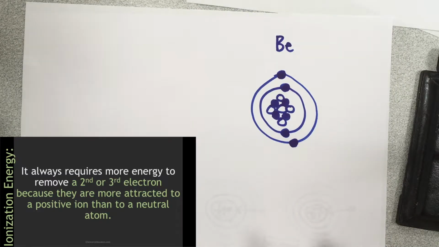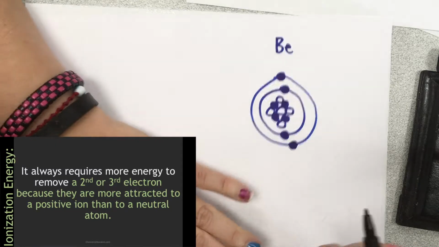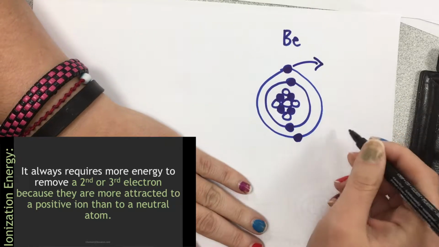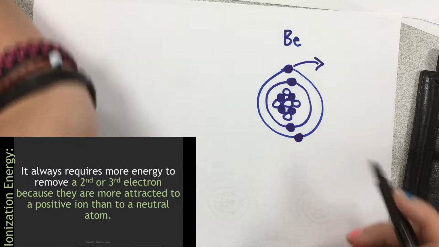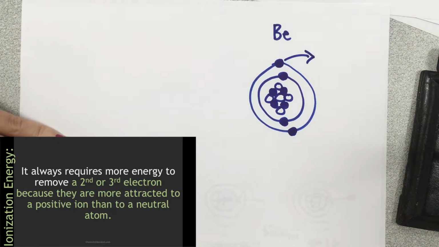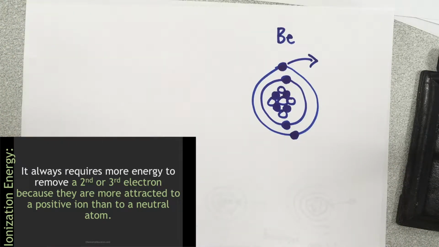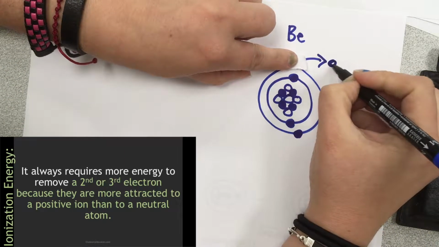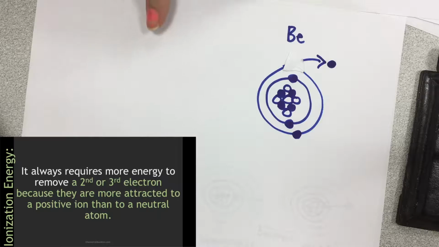So we have that, and it says it requires more energy to remove a second or third electron because they're more attracted to a positive ion. So let's say we remove 1 electron. So now we have beryllium. Okay, this is going to be lame, I know, but we have beryllium with the electron here. All right?